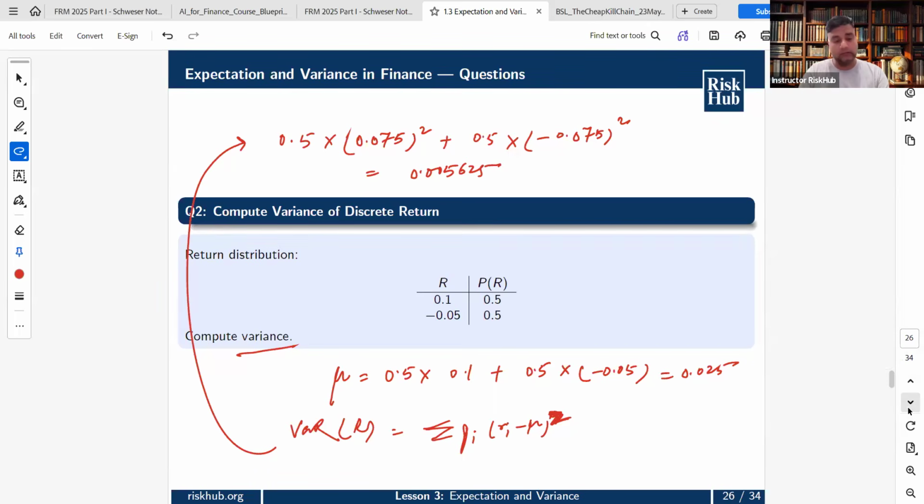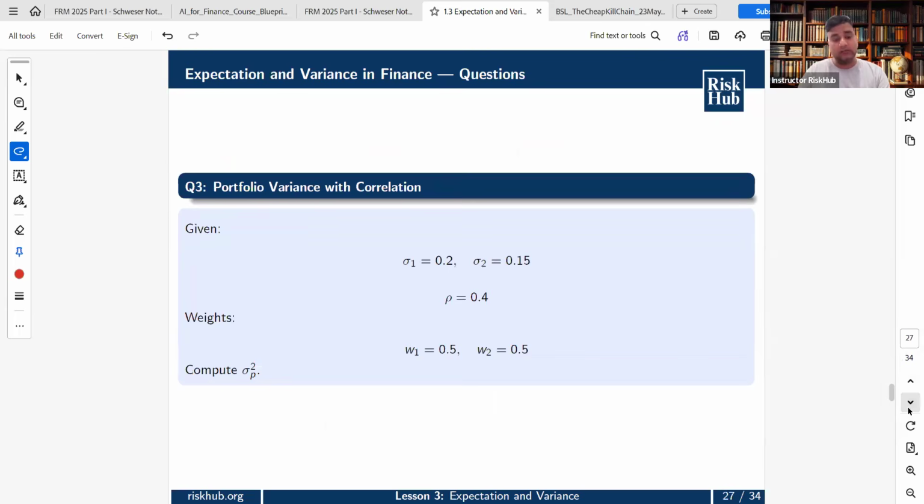Very, very easy. Then we go to question number 3, right? Here again, we have been given sigma, right? So you understand, sigma squared of P is W1 squared sigma 1 squared plus W2 squared sigma 2 squared plus 2 W1 W2 sigma 1 sigma 2 correlation, right?